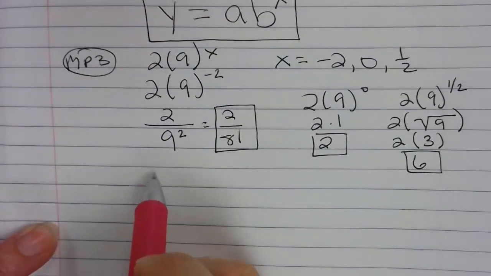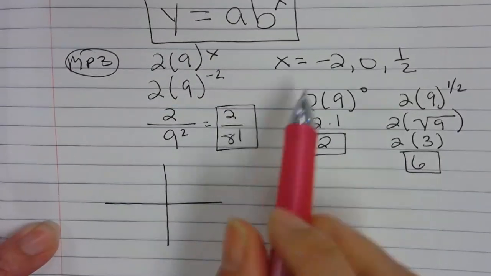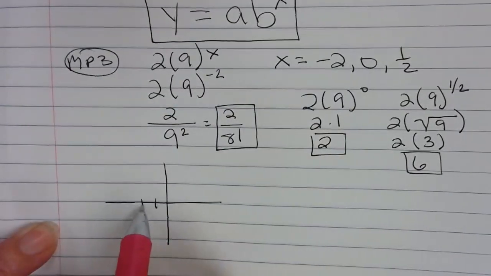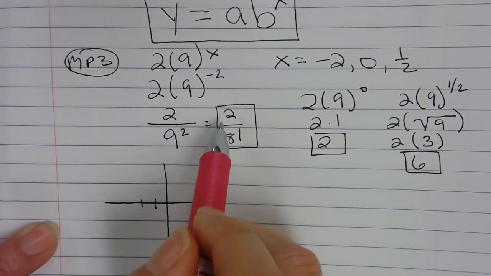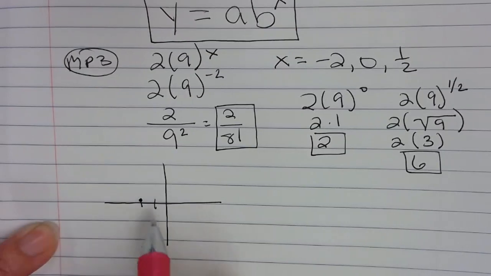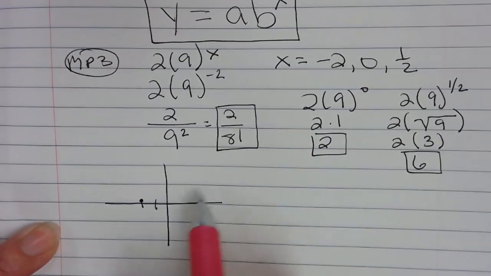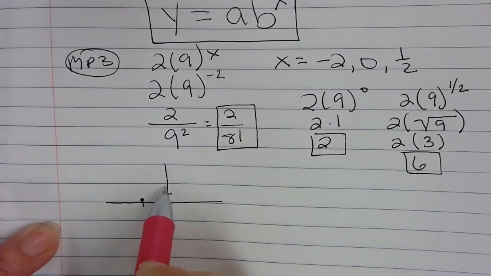So, remember what the graph looked like. Let's just do a really quick sketch of this. If x is -2, y is 2 over 81, which is a very, very small fraction. If x is 0, y is 2.